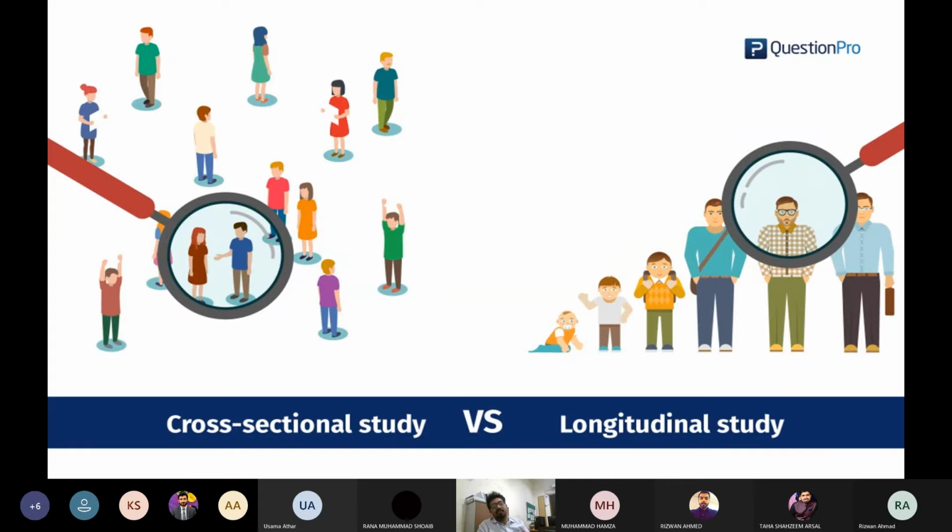Longitudinal studies are mostly related to the medical sciences because they have to check the impact of a particular medicine over a time period. Unless you are in urban planning, sometimes what you can do is look at the evolution of development status in Pakistan.